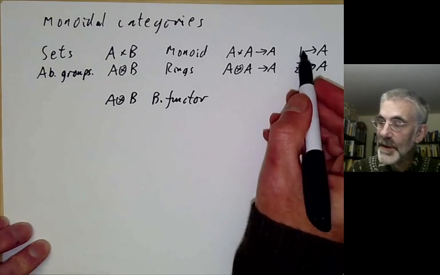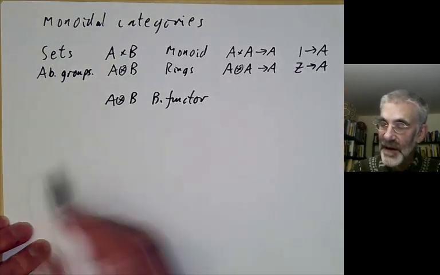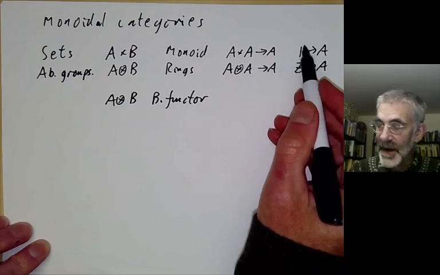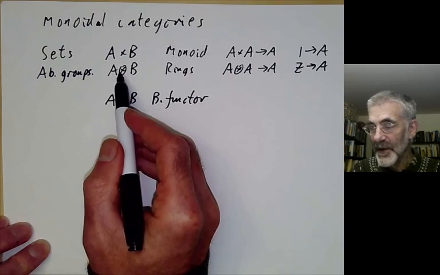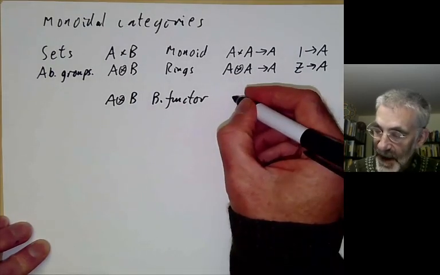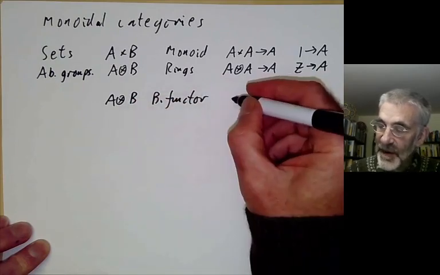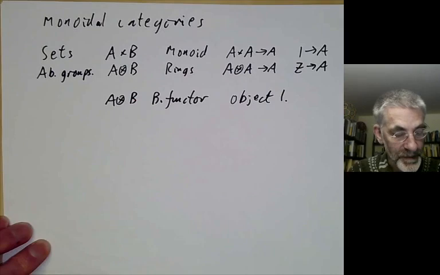And we also want some sort of object playing the role of the identity element. And since I used the tensor product from abelian groups, I'm going to use the one from sets just to be fair. So it should have a bifunctor. It should also have an object 1, which should behave a bit like a unit in some ways.